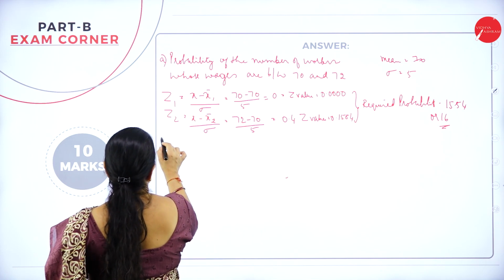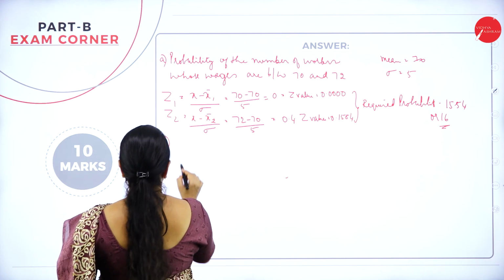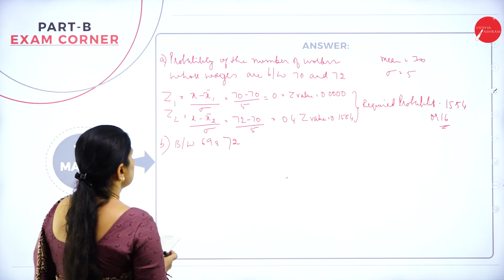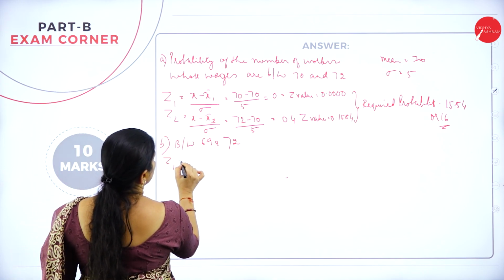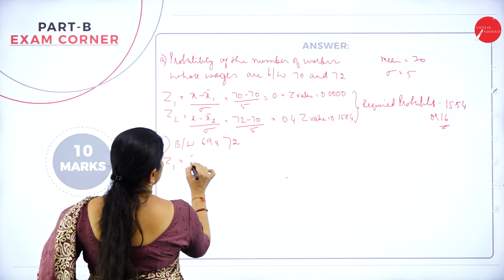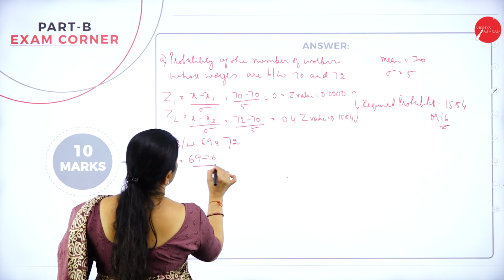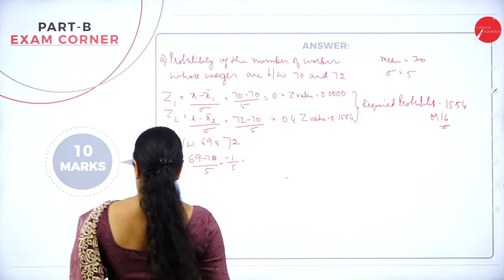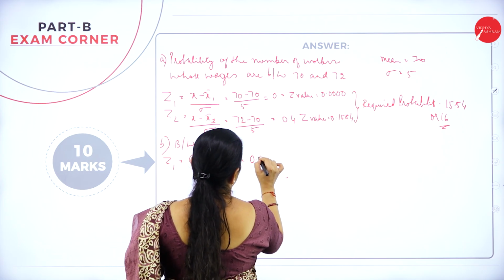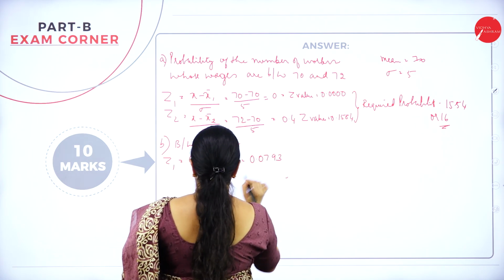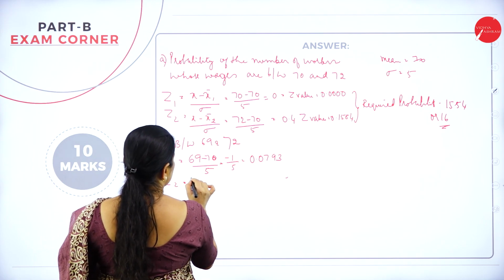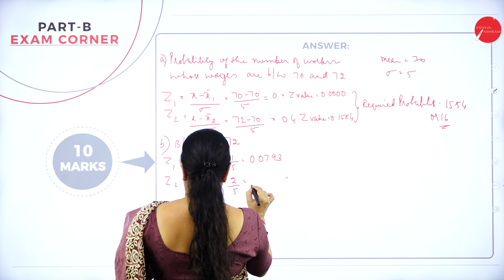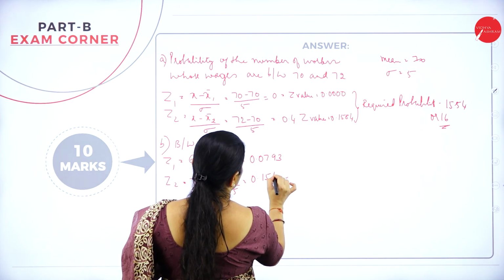So for the second one, B, the probability of the number of workers between 69 and 72. So we find Z1 will be equal to 69 minus 70 divided by 5. So this will be minus 1 by 5, that will be minus 0.793. Then Z2 will be equal to 72 minus 70 divided by 5, that is 2 by 5, that is 0.1554.